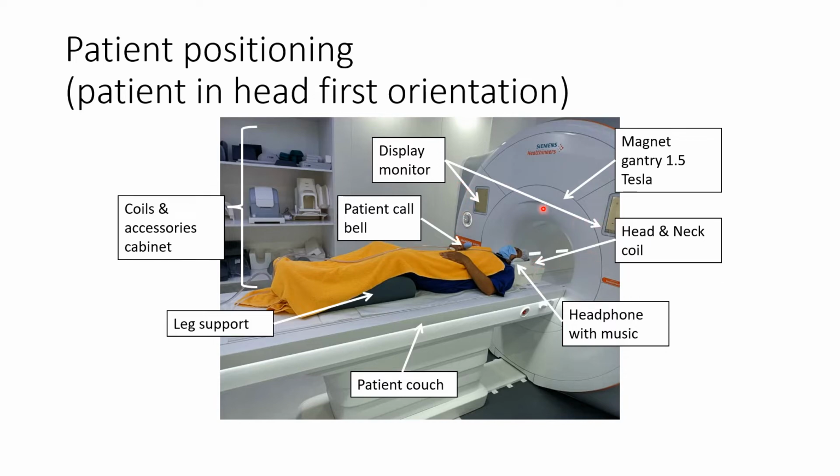On both sides we have a display monitor. We also provide patient headphones with music and a patient call bell. This is a comfortable patient couch. We provide leg support to the patient, and this is a coil and accessory cabinet.